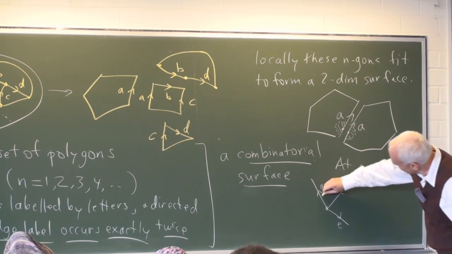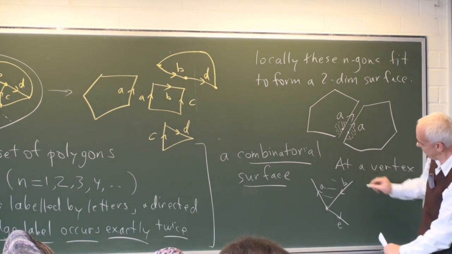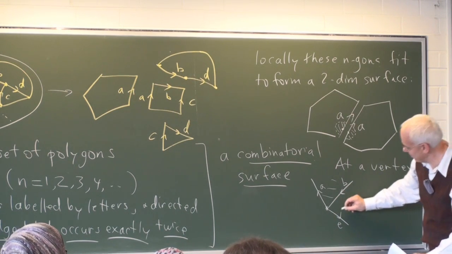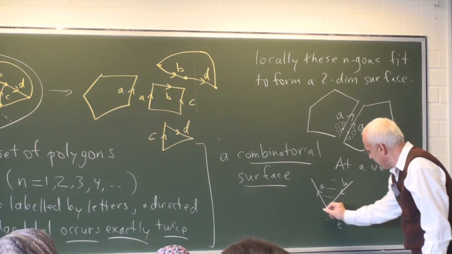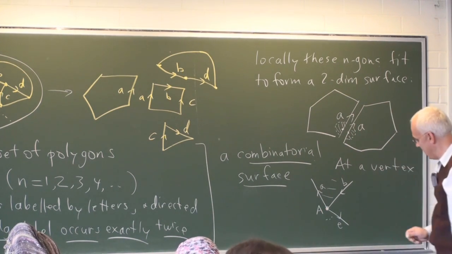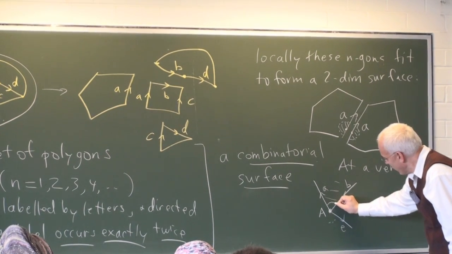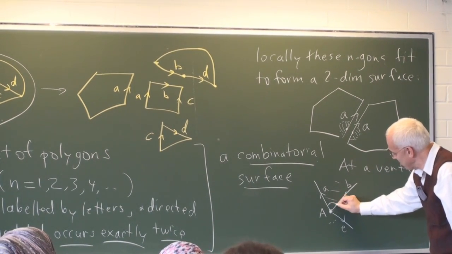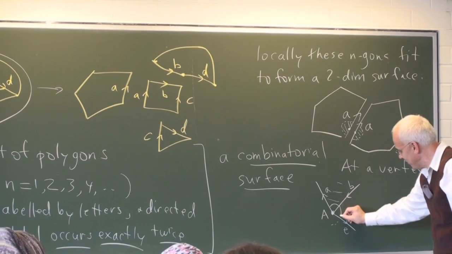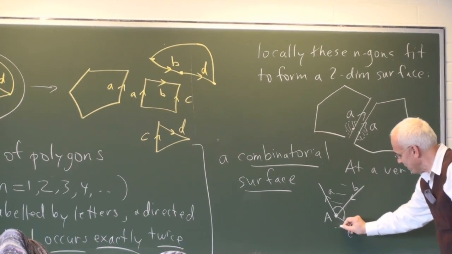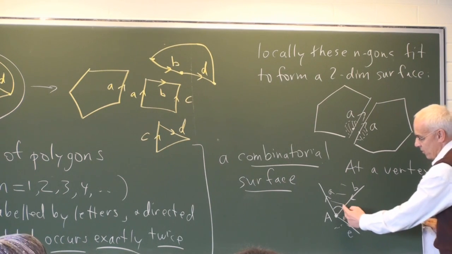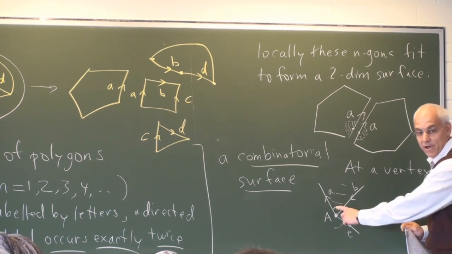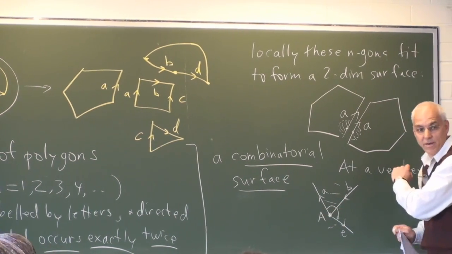So this represents one corner of one polygonal piece, this represents another corner of another polygonal piece, and so on. And what's going to happen is that as we're looking at this vertex, let's call it capital A, as we walk around it, we're going to get a segment from the first polygon, and then a segment from the second polygon, and we're going to keep on going, and all of the edges that come together here are going to form a cyclical pattern until we get back to the original one.